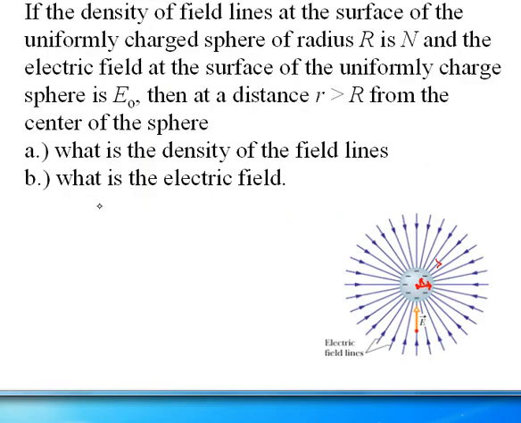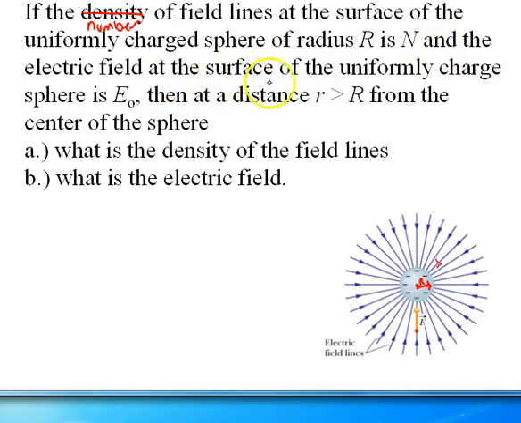Okay, let's look at one last example. Here it says if the density of field lines at the surface of a uniformly charged sphere of radius r is n, and that's not correct. That should be the number of field lines, so we'll correct that. So we have a sphere of radius r, and the number of field lines that end at its surface is n.